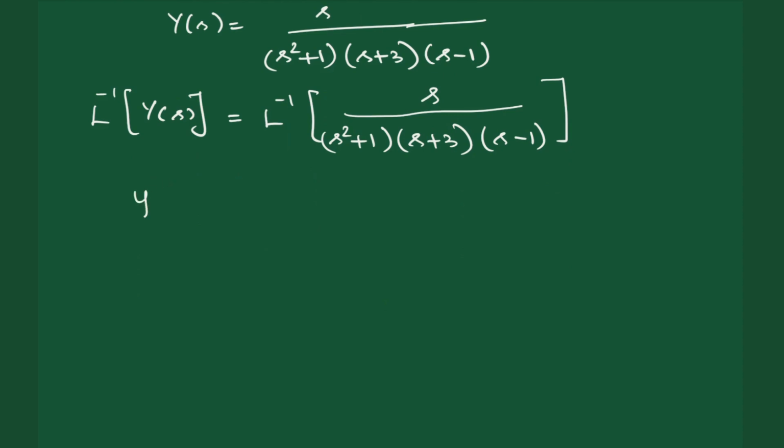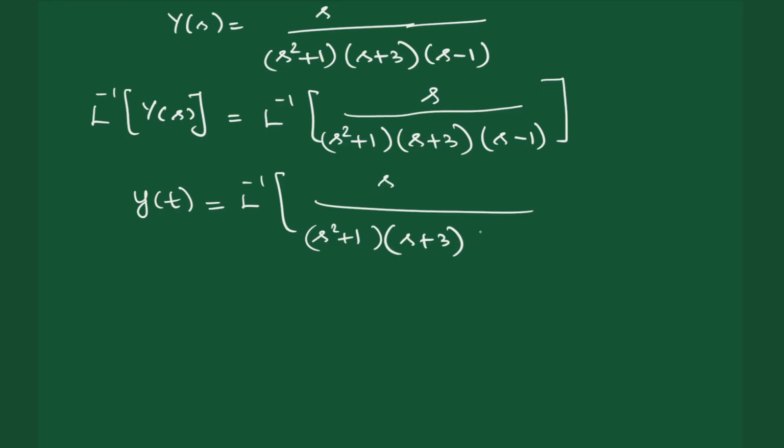So now this gives you y of t, which is equal to L inverse of s by (s square plus 1) into (s plus 3) into (s minus 1).